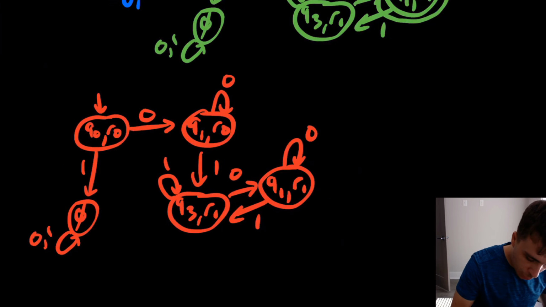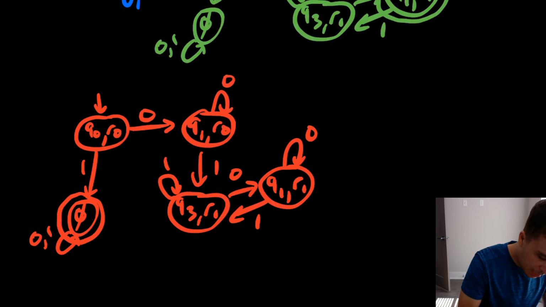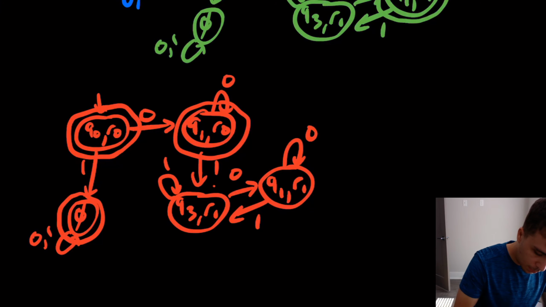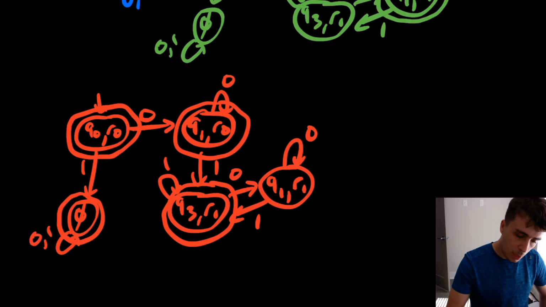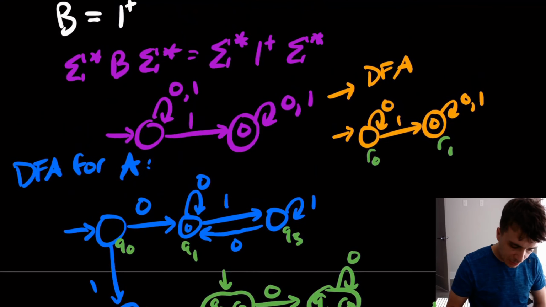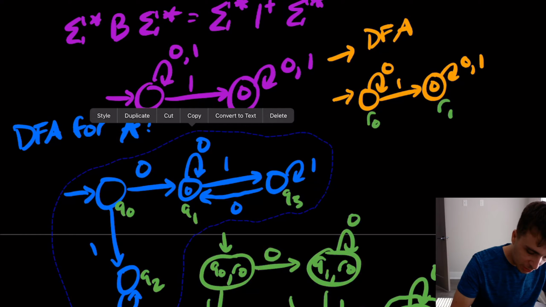And I'm going to invert all of the final states. So every other state is going to be final here. Yeah, so the only one that's not final is this one now. So now let's copy the machine for A back so that we can, oh boy, do the product construction on these two.